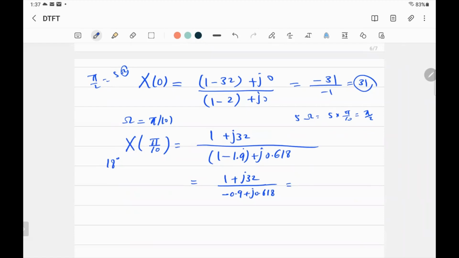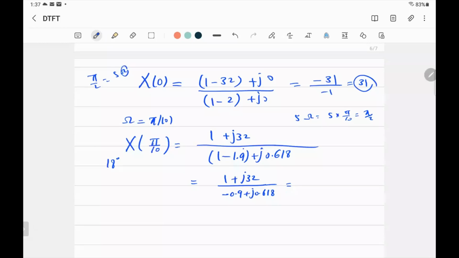I can do it even in the calculator. I don't need MATLAB. I'll just use the complex mode and I will give you the result. I will have 1 plus 32i divided by minus 0.9 plus 0.618i.